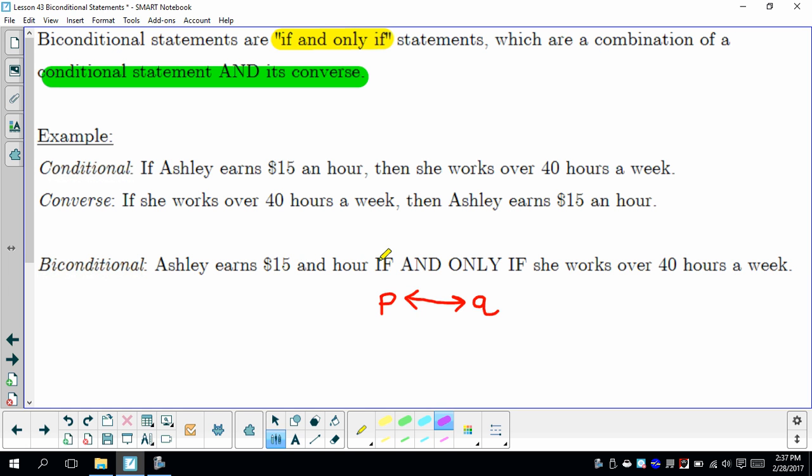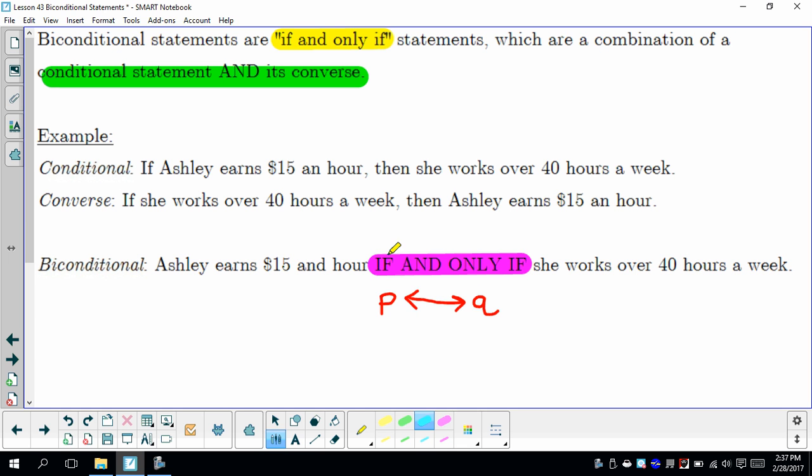In between the P and Q is going to be this if and only if. And that's sort of going to say that you could read this sentence backwards and forwards. So the regular conditional is true, and the converse is also true. Ashley earns $15 an hour if and only if she works over 40 hours a week.